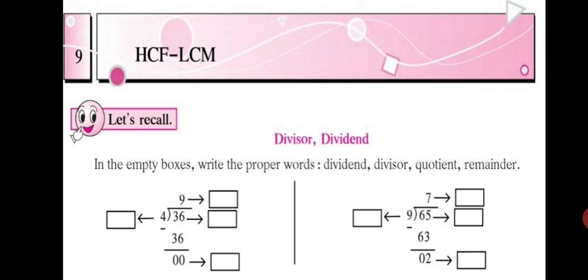So you fill up the boxes with the proper words. Second example, 65 divided by 9. 65 is your dividend, 9 is your divisor, 7 is the quotient and 2 is the remainder. 9 sevens are 63, and when you subtract 63 from 65, remainder is 2.